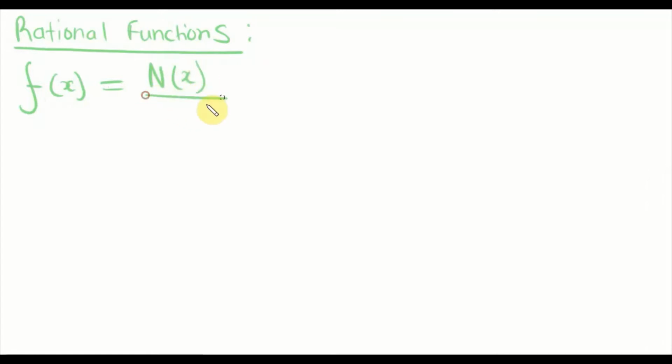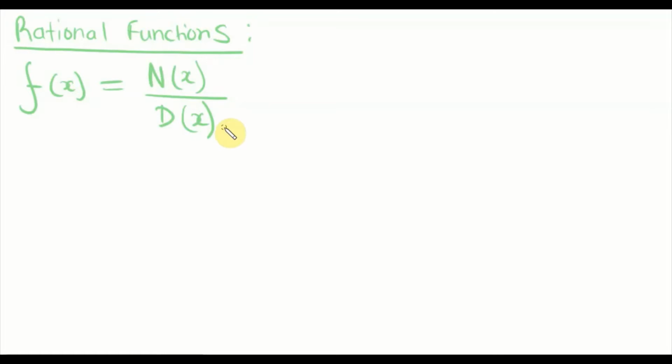It's also a function of x, and then you have a denominator which is also a function of x. In this case, the numerator is a polynomial and the denominator is also a polynomial.